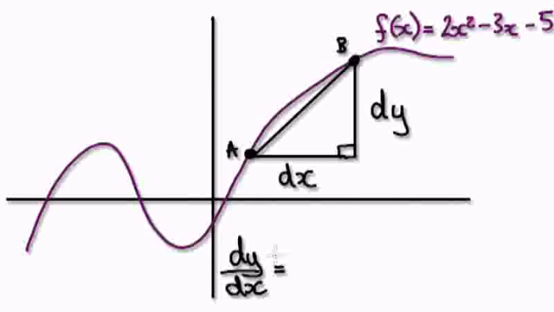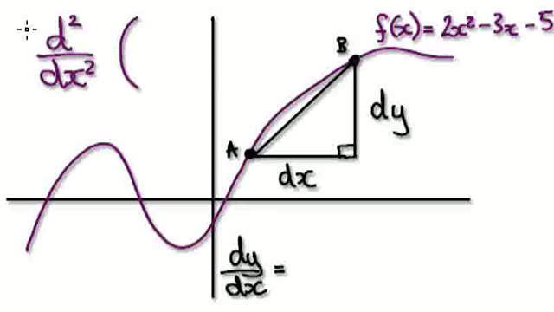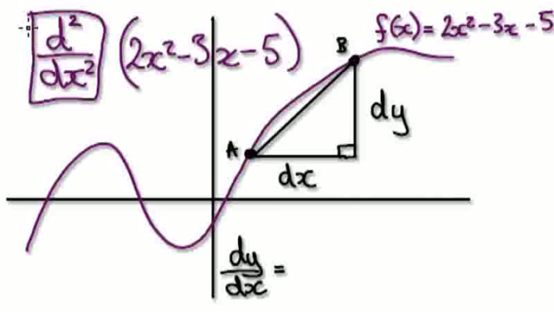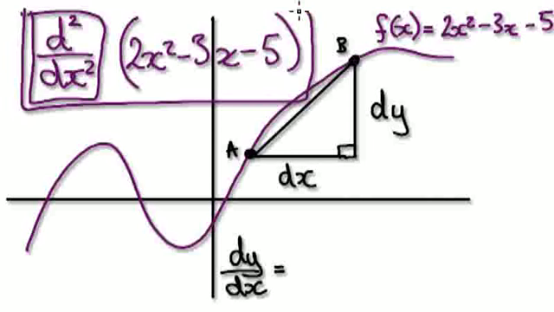Also, if you want to differentiate it twice, you would write it like this. Don't worry if you don't understand this. This needs to act upon something, so you could write 2x squared minus 3x here. That means this whole thing means differentiate this twice.